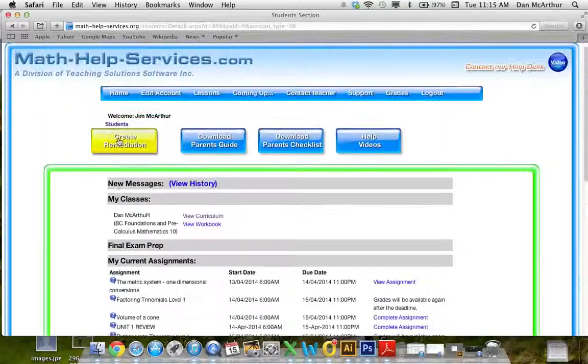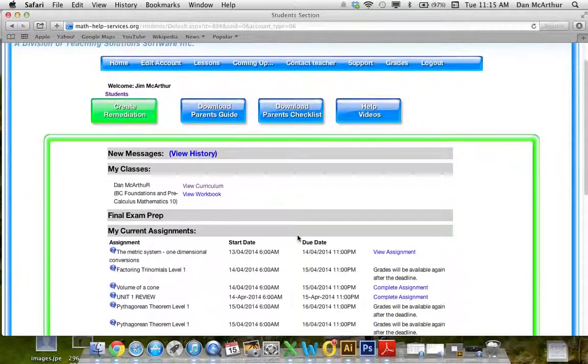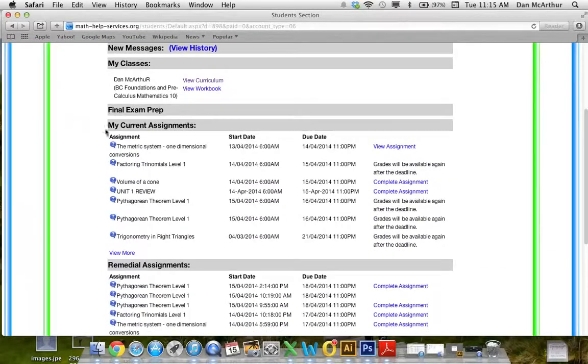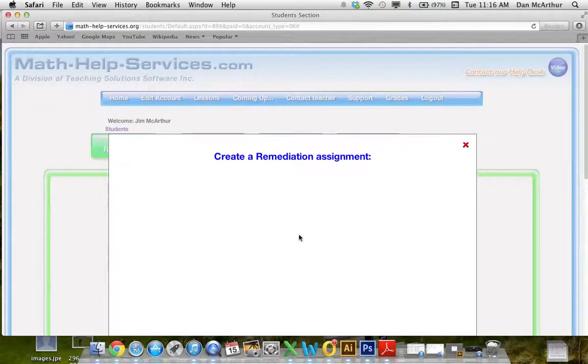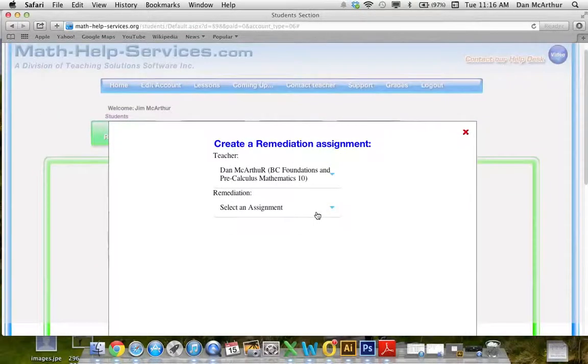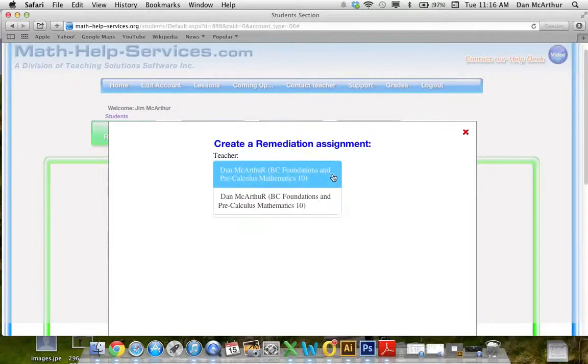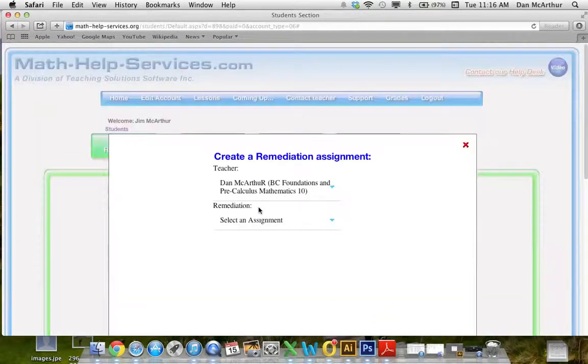So let's say after the fact you logged out of your account and you wanted to log back in and create a new remedial assignment for yourself to do. So you didn't do it right there. You see this big green button here. You just click remediation. All your assignments that have been sent out during the year. So this is the class that you're in. I only have one class that I'm in as a student. Some of you, in a very rare case, will be in more than one.